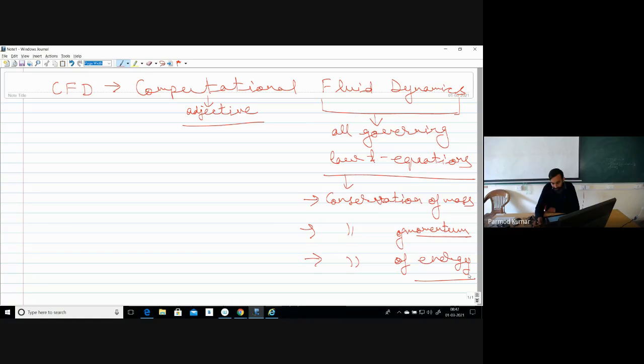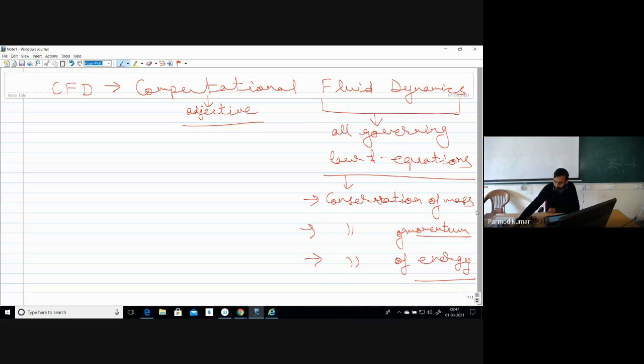Okay, so while we write the mathematical form of these different equations, conservation of mass, momentum, and energy, they will involve some mathematical operators, and it is required to know the physical meaning of these operators before going into the governing equations, to understand physically why we write the governing equations in a certain format.